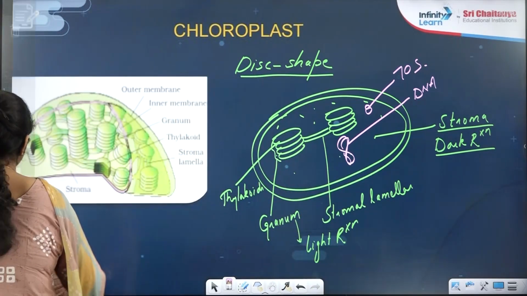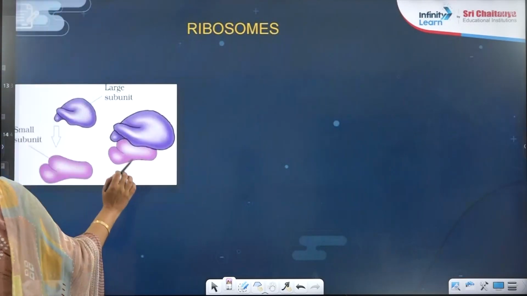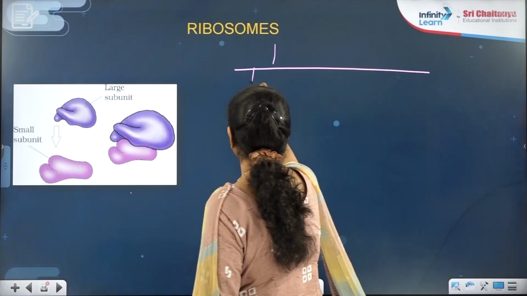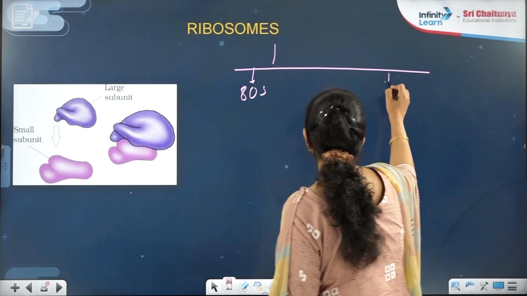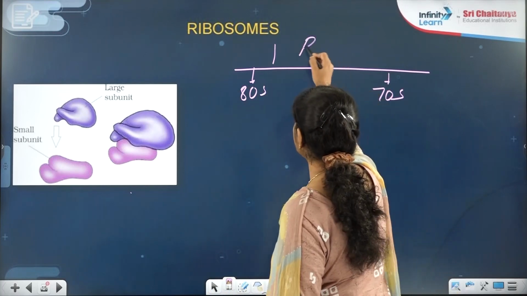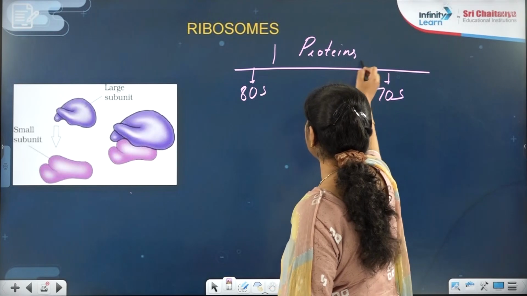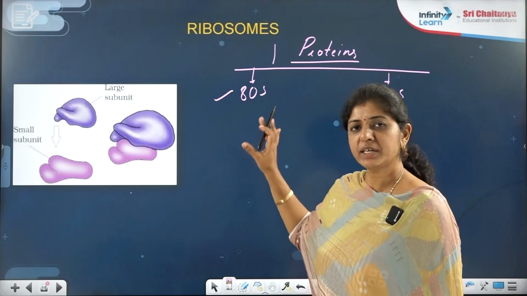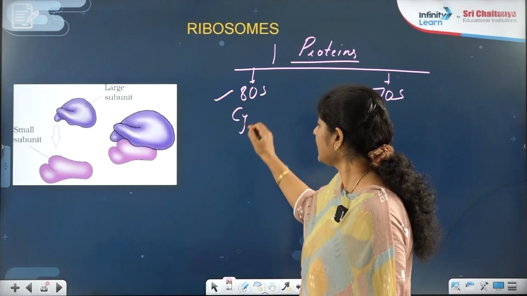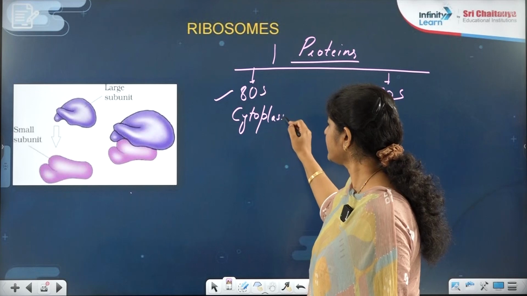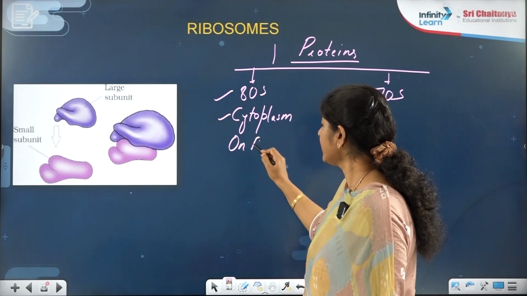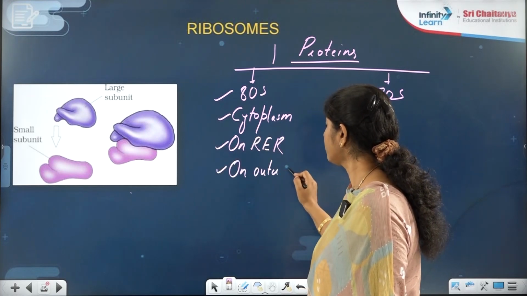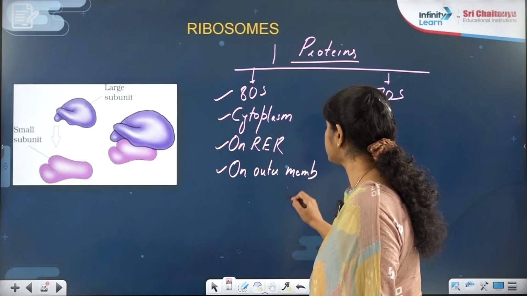Now coming to the next, we have the ribosome. Just now I said which types of ribosomes. In eukaryotes it can be 80S, or it can be 70S. They help in the formation of proteins. 80S, where is it present? I mentioned in the last lecture also: in eukaryotes, in the cytoplasm, on the RER, and on the outer membrane of the nucleus.